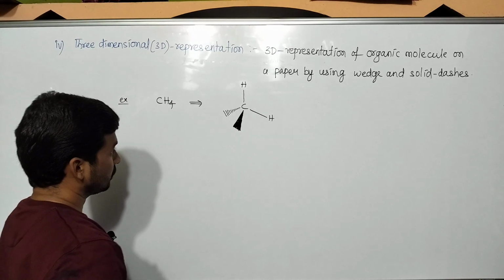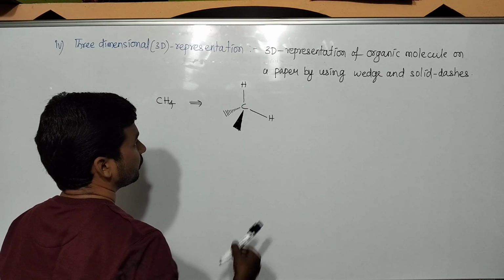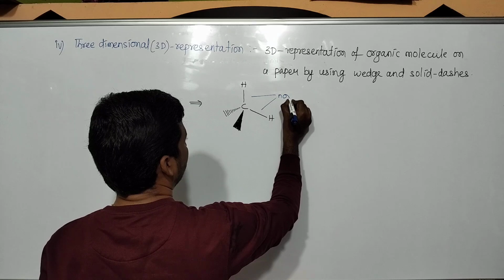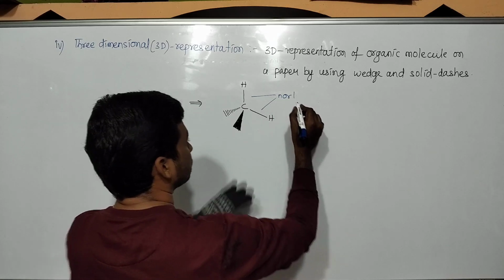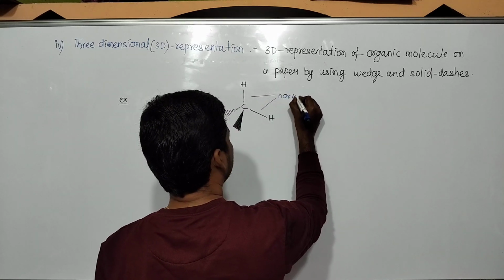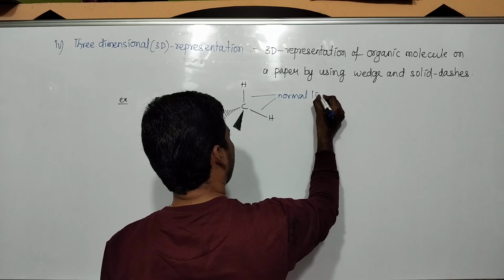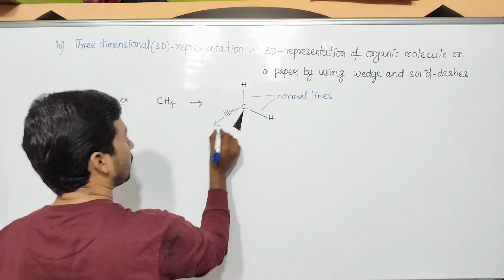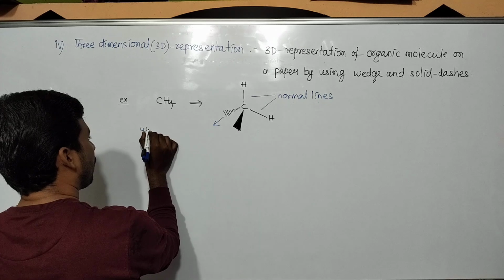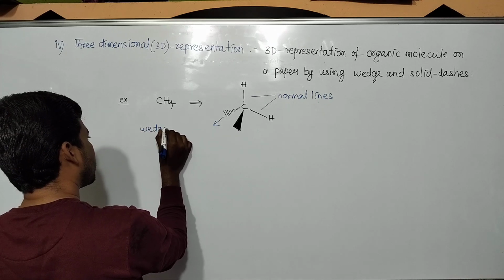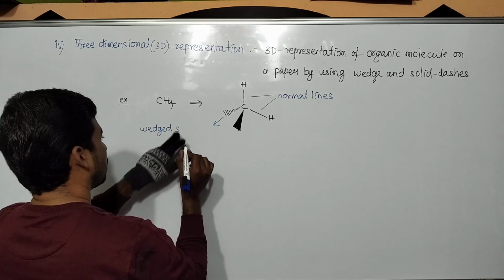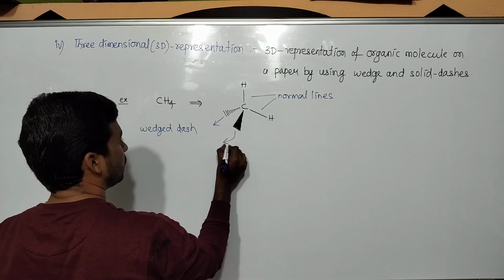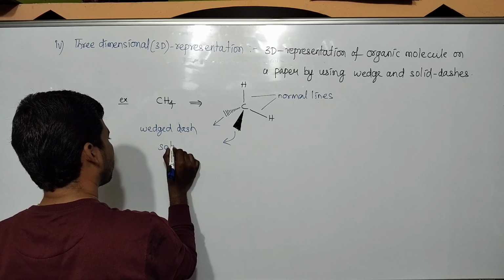Okay, so if you see, these are normal lines, and this is called what? Wedged dash, and this is what? Solid dash.